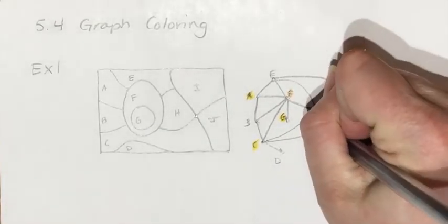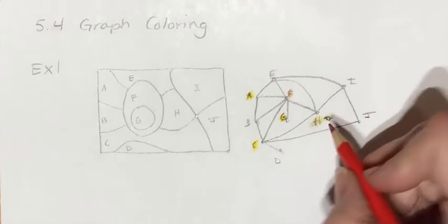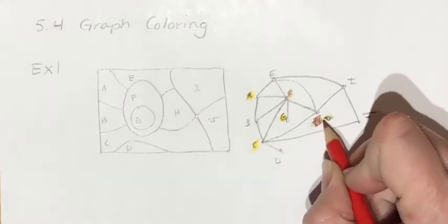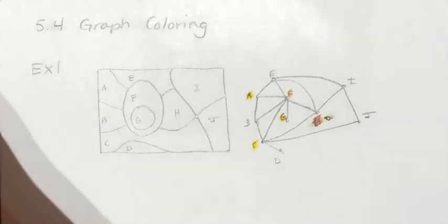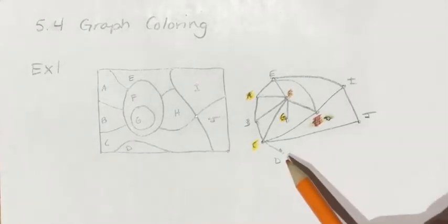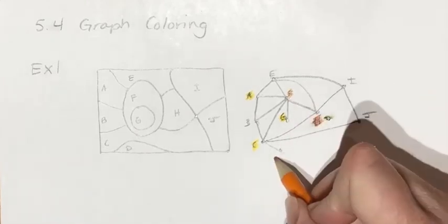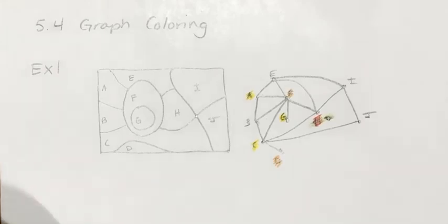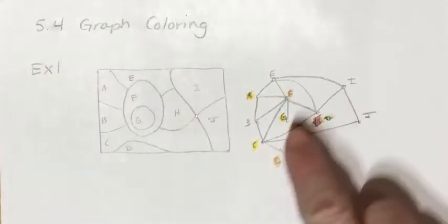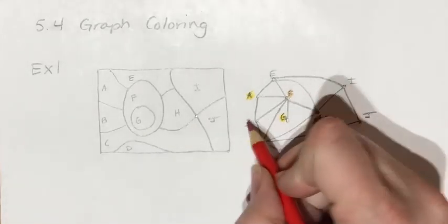So H, I'm gonna have to make another color. I'll make H red. I can go back over here and D can be orange because it doesn't touch F. B can't be orange or yellow, but B can be red.